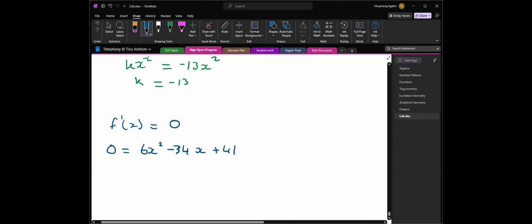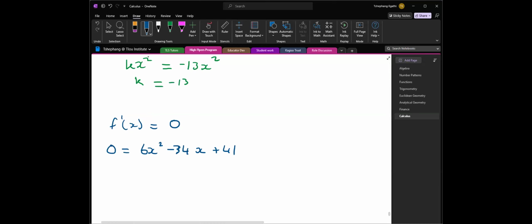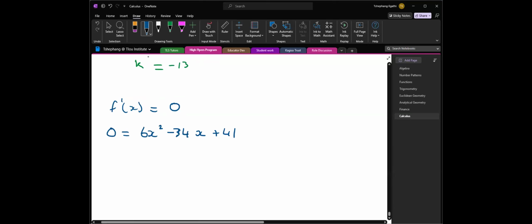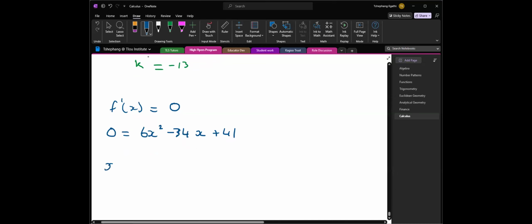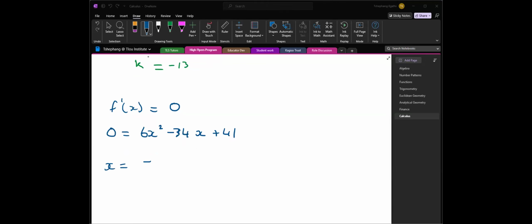Then what we need to do is check if we can factorize that. I don't think I'll be able to factorize that. Can't divide by 2. I'm going to rely on the quadratic formula. You can do that quickly on the calculator to find those intercepts.